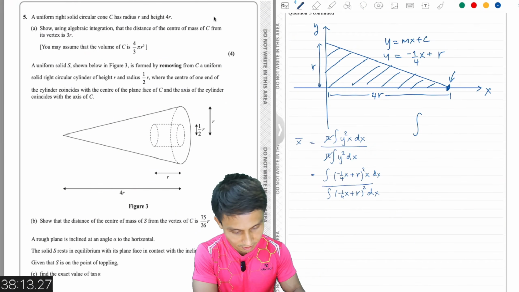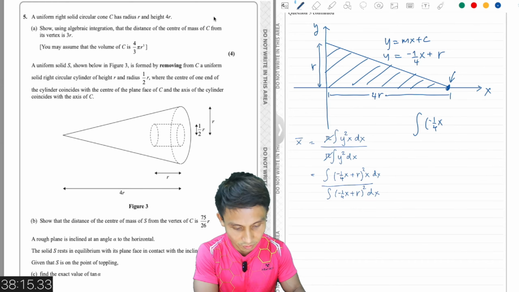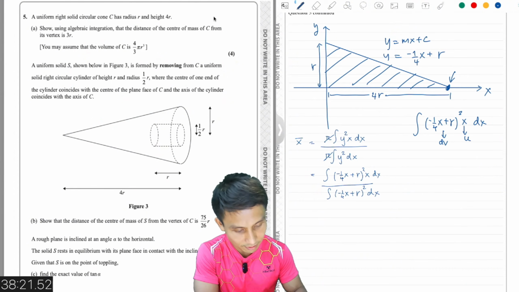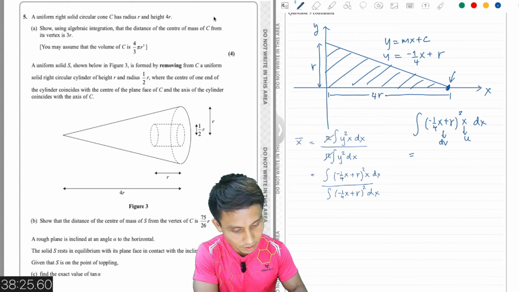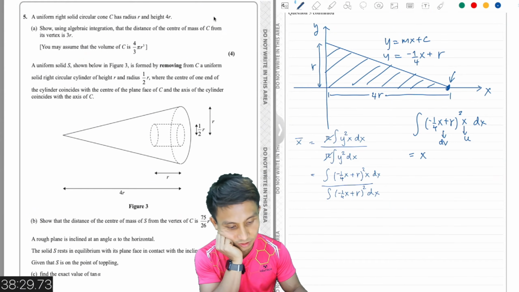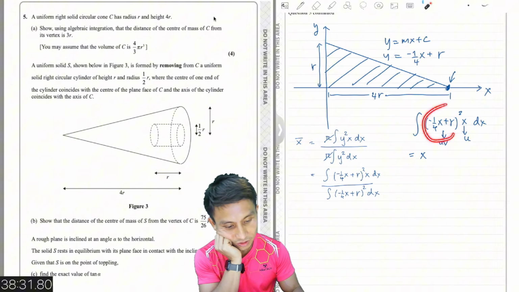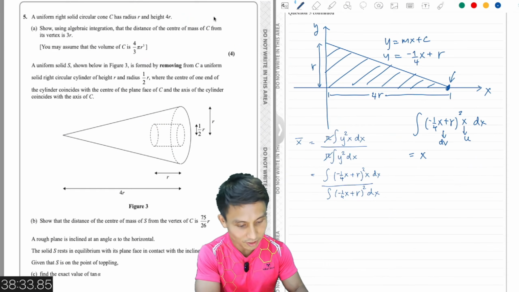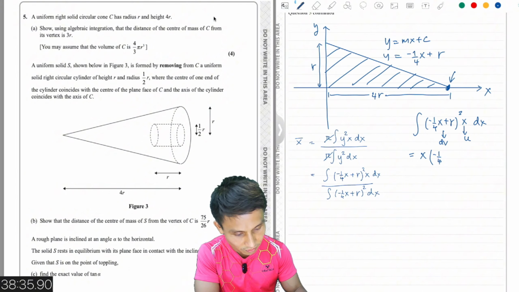So for this one, we're going to do by parts. So I'm going to make that u and this dv, right? So that means that will be equal to uv, right? So it's u. If you integrate this, we can use the reverse chain rule. So that's going to be minus 1 over 4.